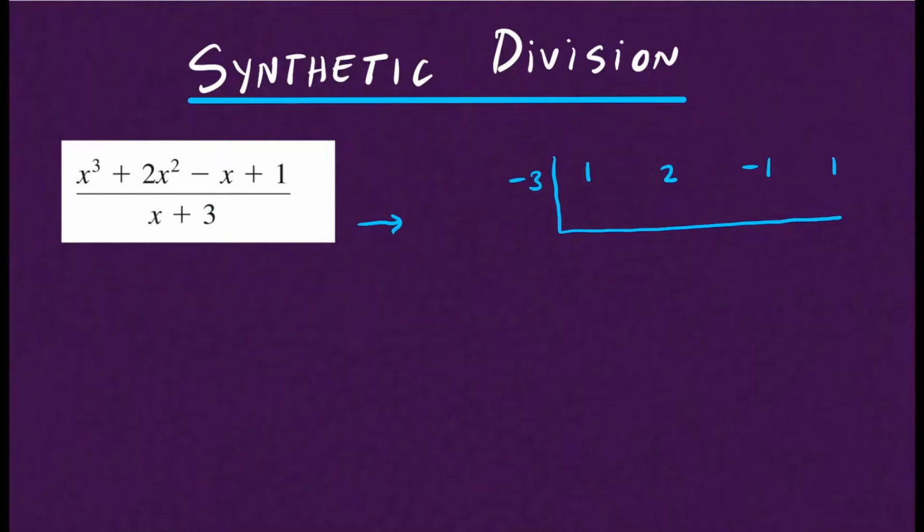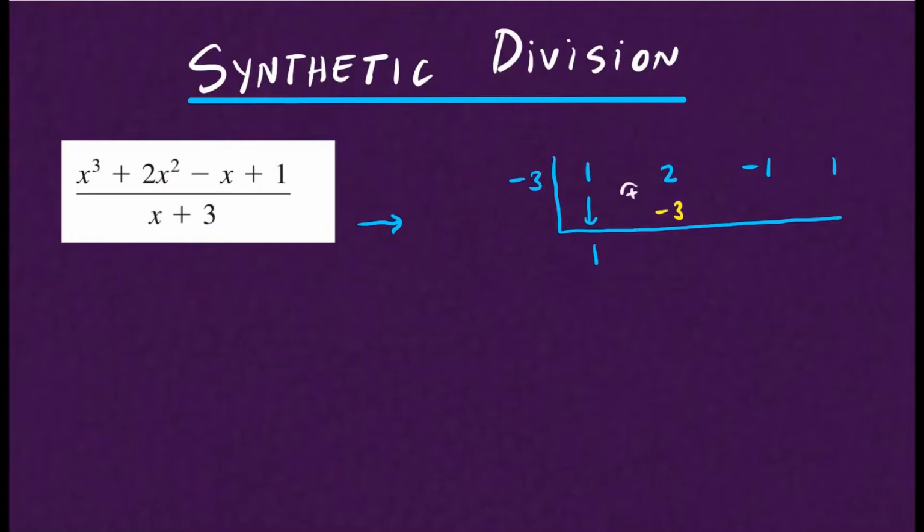Now let's go ahead and continue with the process. So first you bring down the first number right here, and then you're going to multiply this times that, and that goes right in there. So when I do -3 times 1, I get -3. I place it right underneath my second column, and then I add them up.